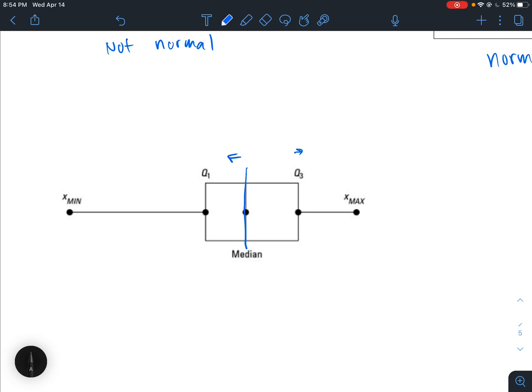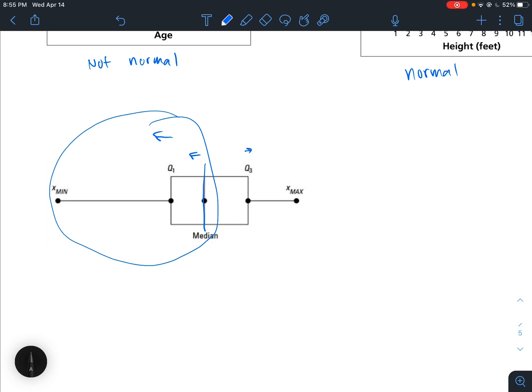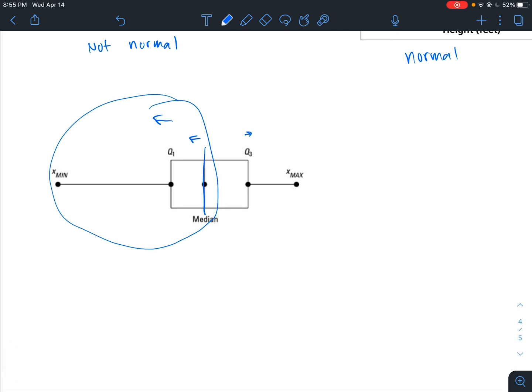Again, what that's saying is that there's a lot of variables that are pulling the median more over this way to the left. So that means that the data is more in favor on the left side. So what that means is that it's skewed to the right.